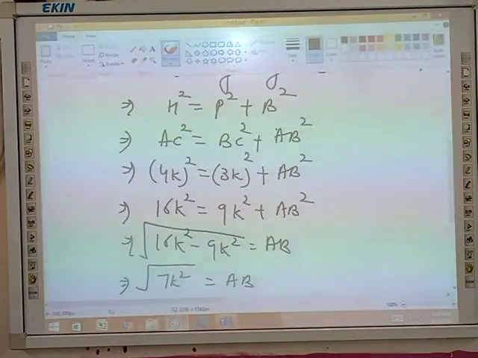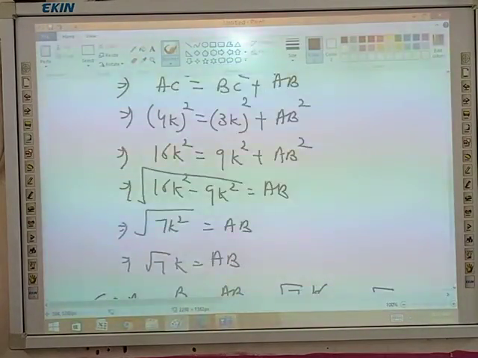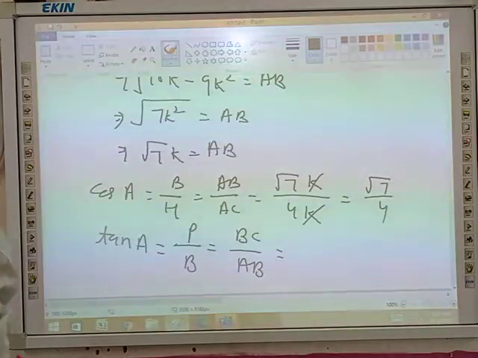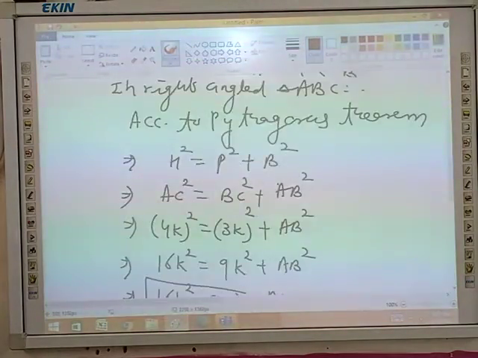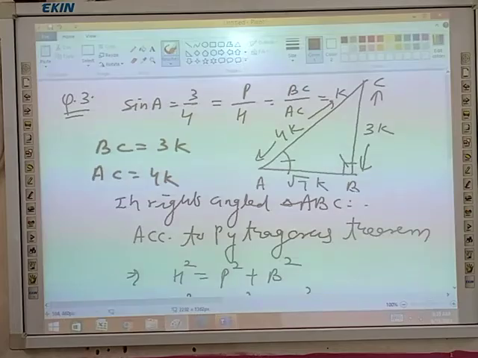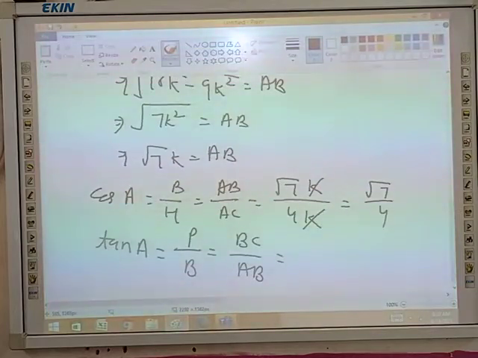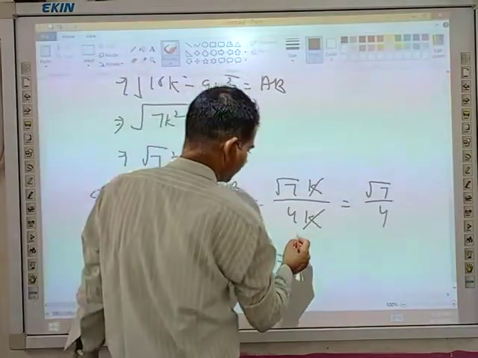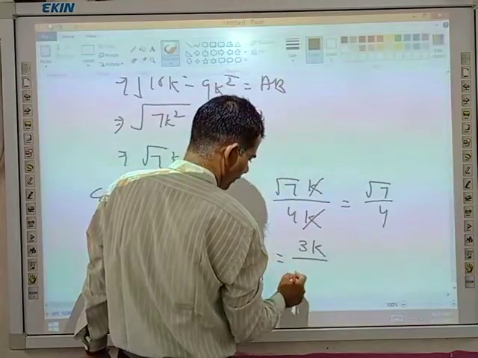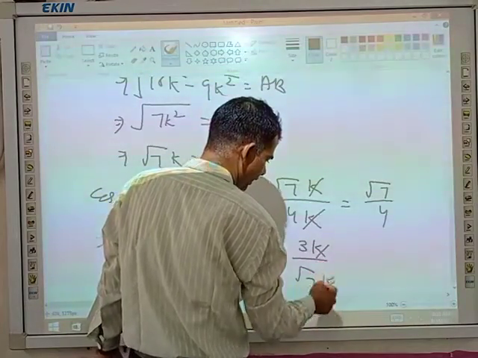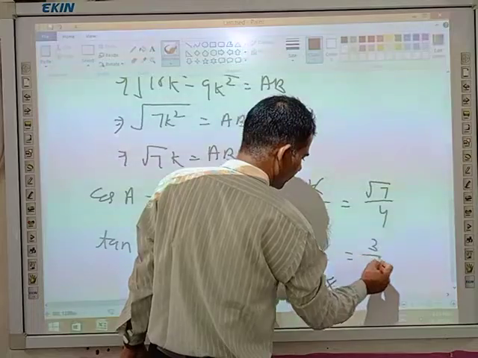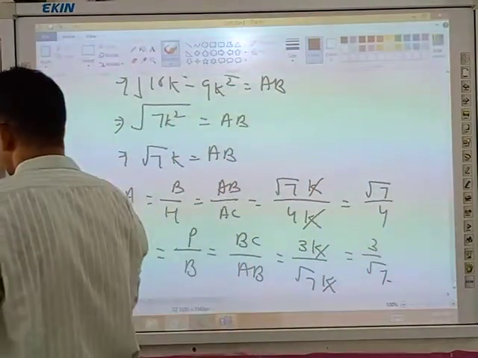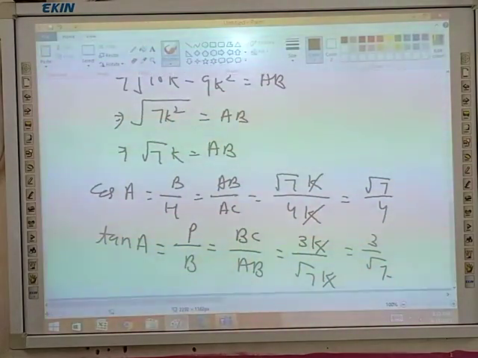What is your perpendicular? 3k upon root 7k. K and K cancel out, it becomes 3 by root 7. Any doubt, any problems?